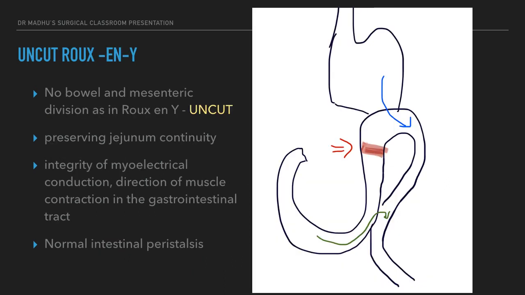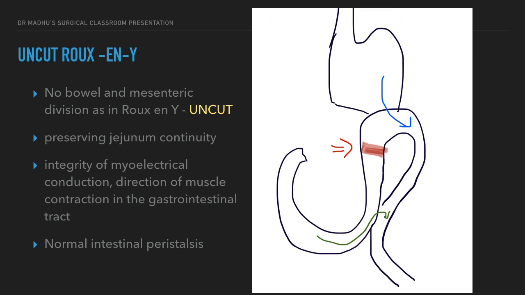Now coming on to what is an uncut Roux-en-Y reconstruction. This is a very recently introduced type of reconstruction. When we do a Roux-en-Y, we need to divide the jejunum 10 to 20 centimeter distal to the duodenal flexure, and the jejunal limb is taken for the anastomosis either to the esophagus or to the stomach.